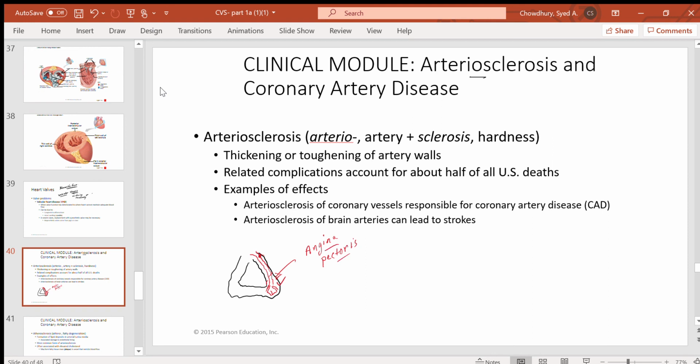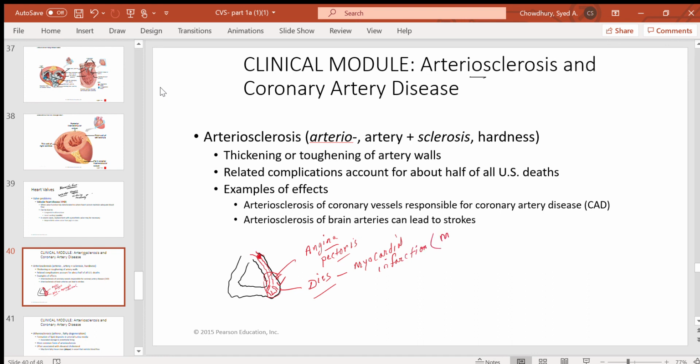Okay. But if it is completely blocked, then what will happen? The heart muscle will not get blood at all. If that happens, the tissue will die, and that is termed myocardial infarction, or MI.